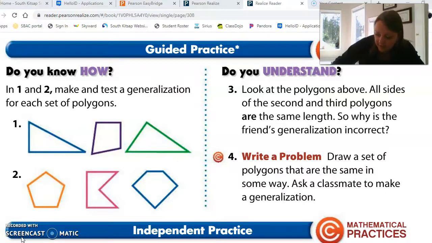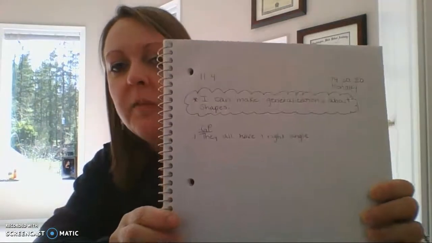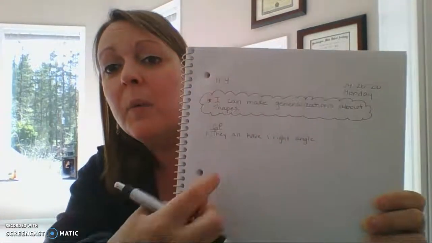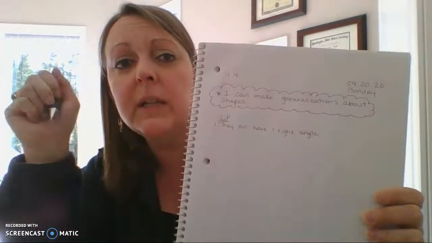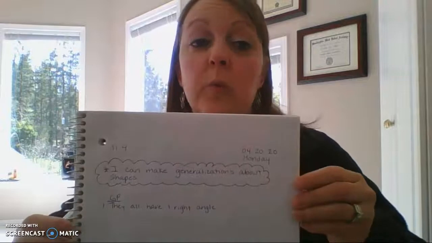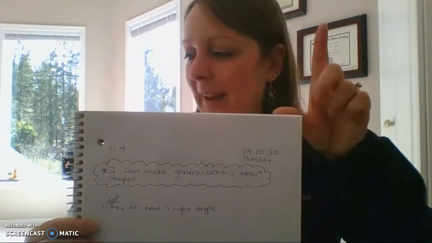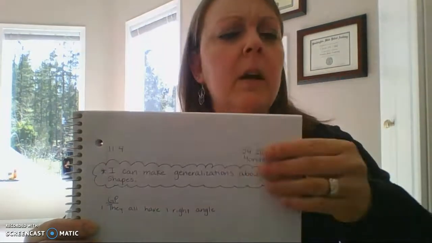Now remember, let me get out of this so you can see what I have written down. This is what my notebook looks like. They all have one right angle. Now remember, a right angle is a perfectly square 90-degree corner. And if you ever need to test it, a great way to do that is to look at the corner of your notebook if you have a square one, not the rounded kind like sometimes they are, but look at this.